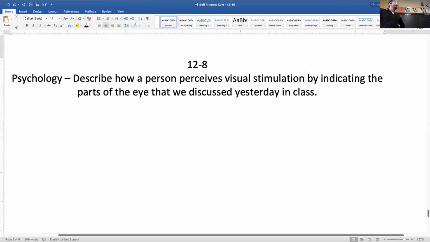Caitlin, do you know? Okay. Anybody want to help? Brayden, go ahead. Is it the fovea? No, those are the photoreceptors that are located in the fovea, part of the retina. So this is where light enters right through the eye. The first part starts with a C. Cornea. There you go, the cornea.